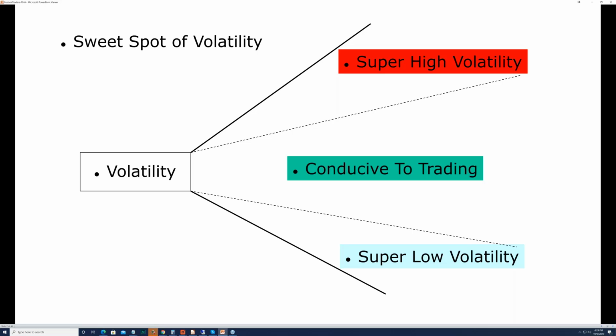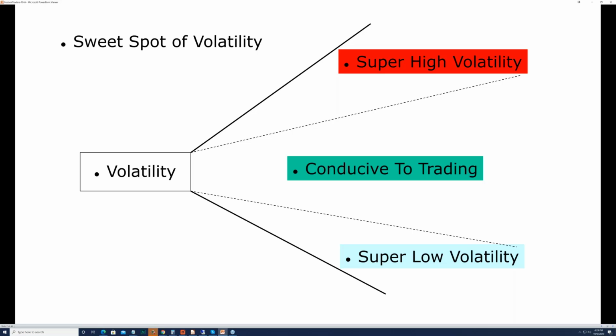Or we might get the price spike halfway up, spike halfway down, spike back up again, wiggle all over, roll around, and then shoot up to the top. That's volatility. So we have sweet spots of volatility in the market.